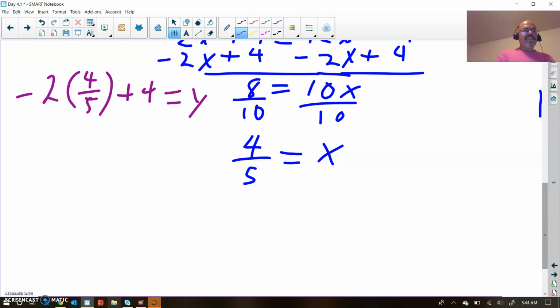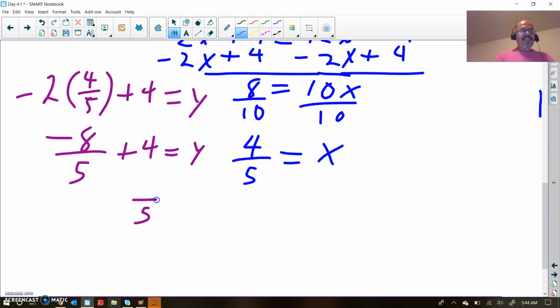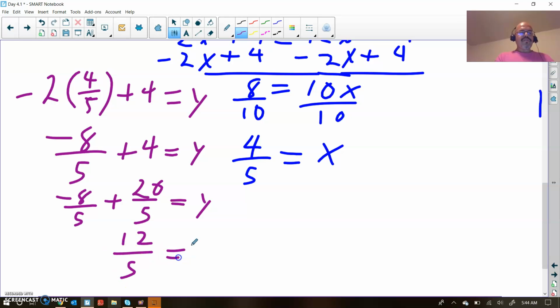Now we're left with negative 8 over 5 plus 4. That's really ugly. Like denominators, so 5 underneath the 4, but that's going to have to be changed to 20. And then we're going to go ahead and subtract 8 from 20, so that's going to be 12 over 5 equal to our y.